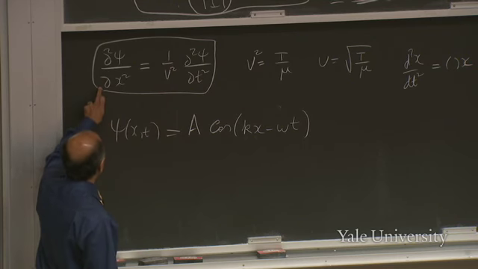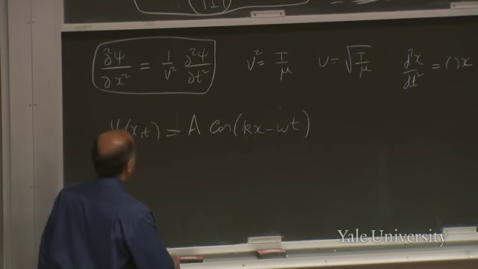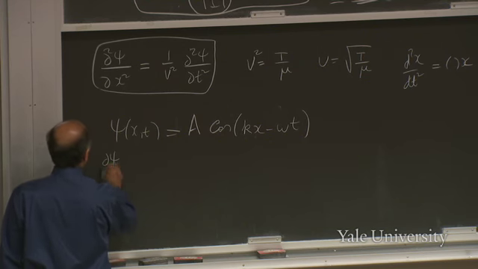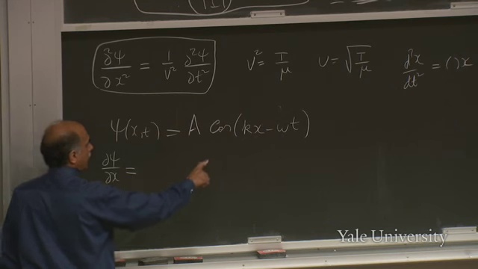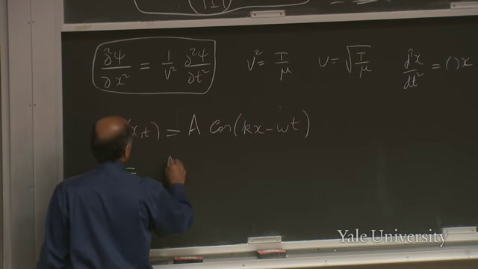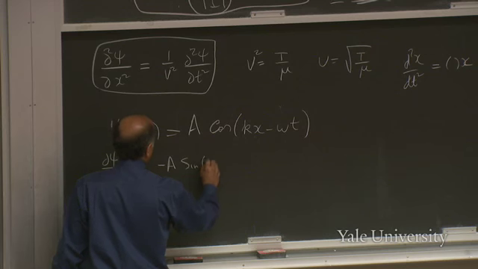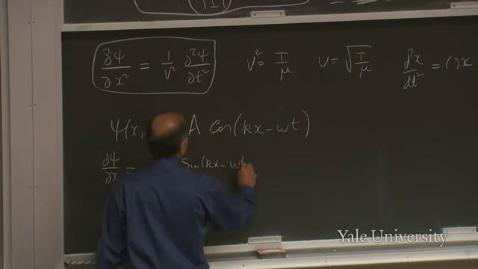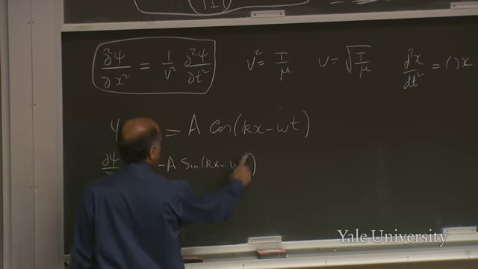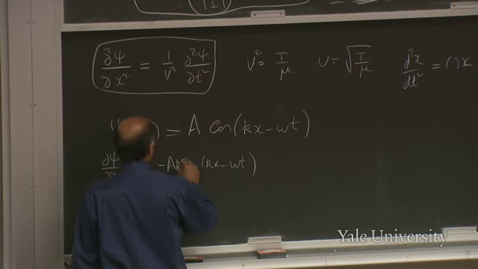So let's take d psi dx. What happens when you take d psi dx? When you take a partial derivative in x, it says forget about time, treat x as the only variable. Then you will get minus a sine kx minus omega t times the derivative of what's inside the argument, which happens to be k.